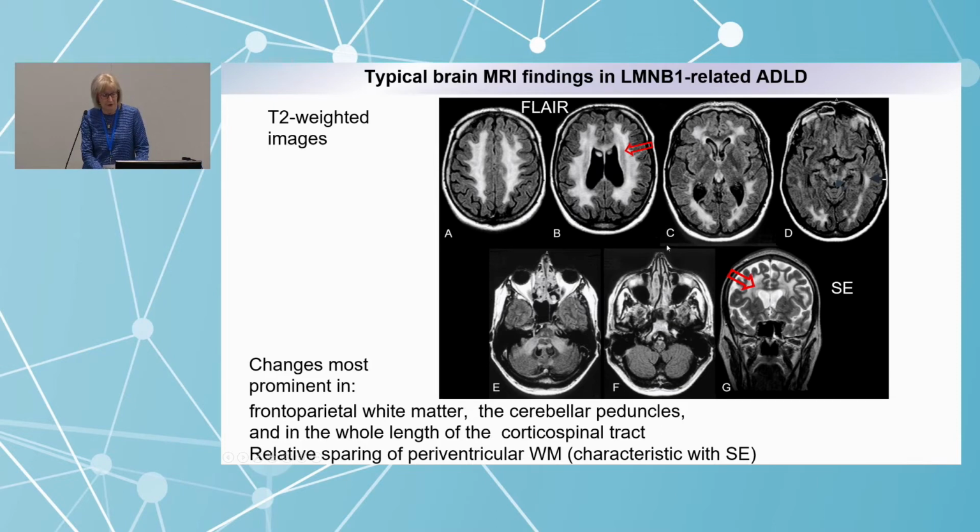And the most characteristic finding we can see here, around the lateral ventricles, there is a rim in which the white matter is less affected than in other parts. We can see that in T2 weighted images.